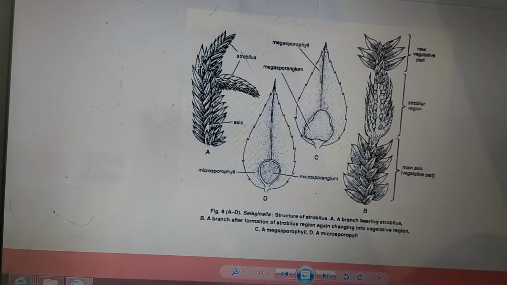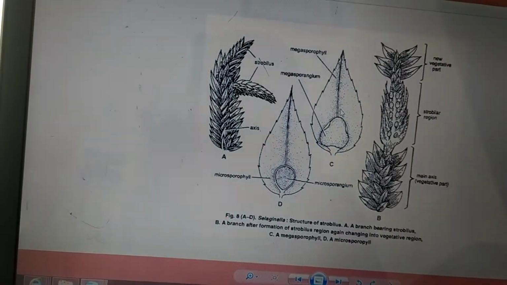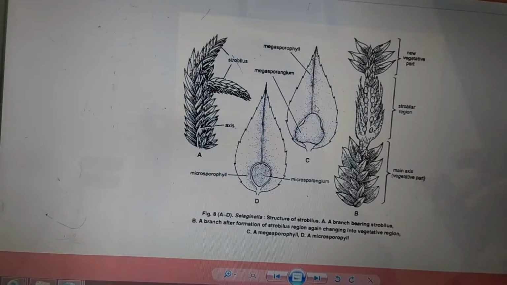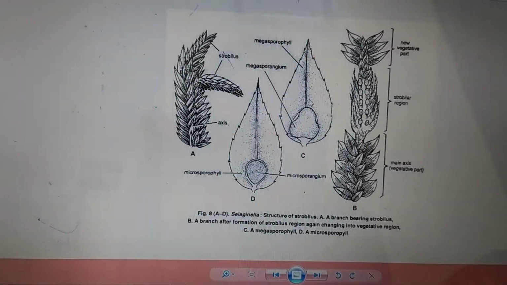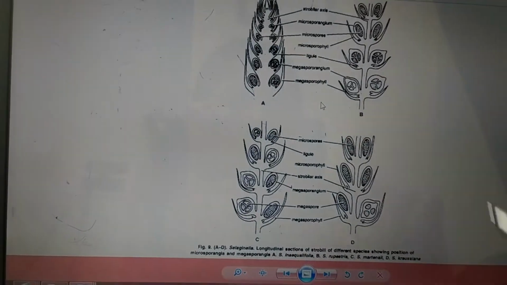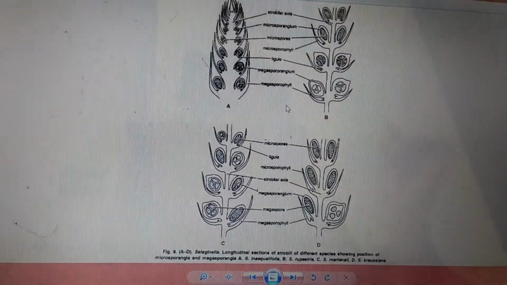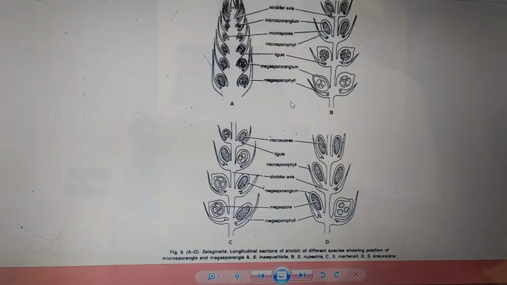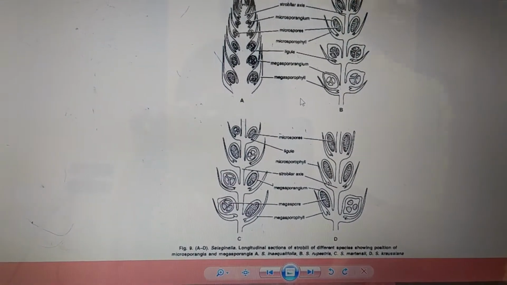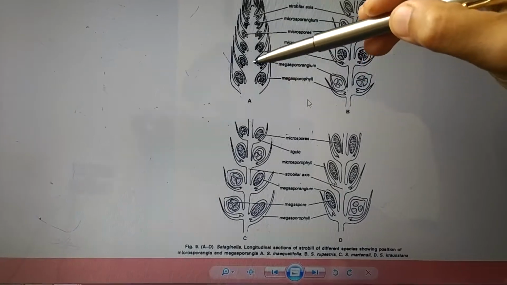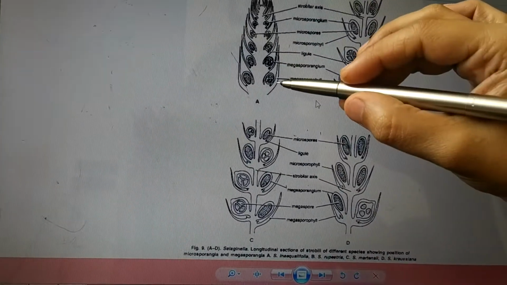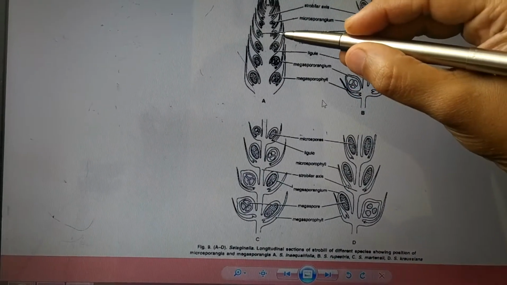Now, if we see the longitudinal section of this strobilus, it is very simple. It consists of a central axis here. These are all fertile leaves.